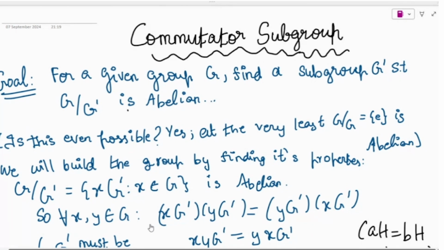Without the commutator subgroup, the whole group will always give a trivial quotient group, but the commutator subgroup is just the smallest subgroup that does this.